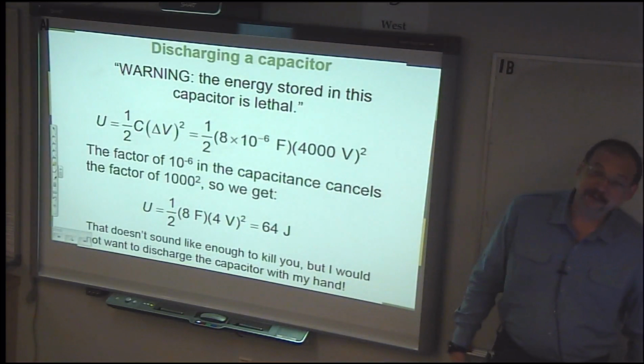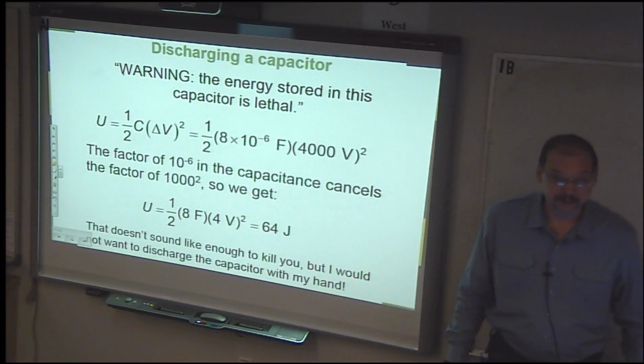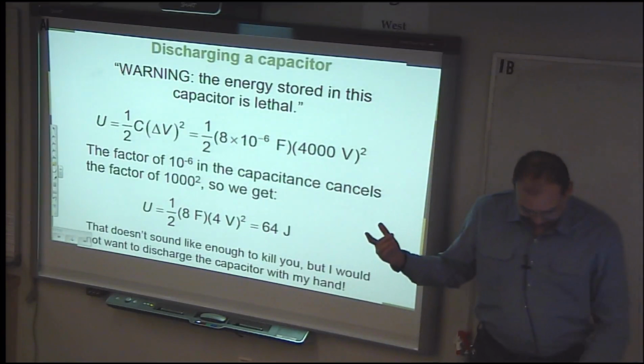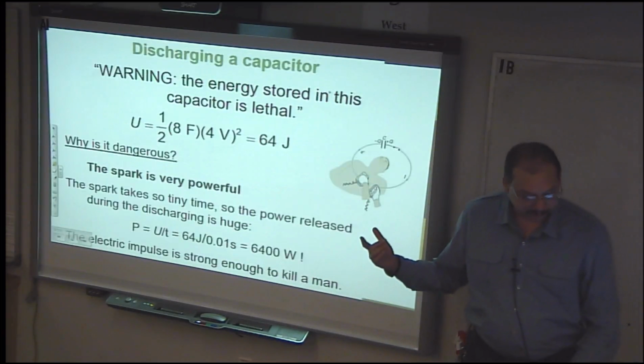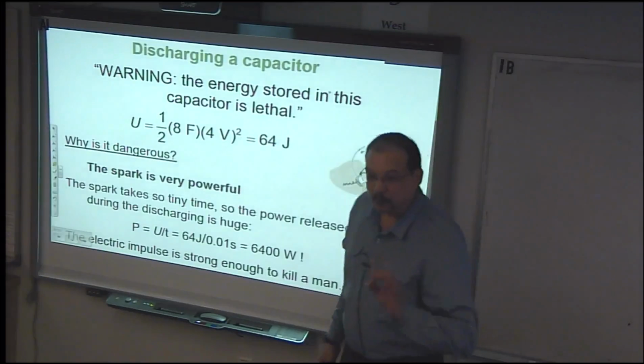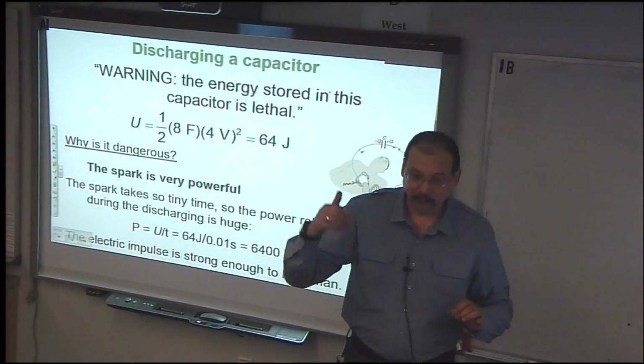It's not really dangerous, well, unless it hits you on the head, but the answer is, it's not just about energy, it's about how fast it's being released. It's about the power of that spark, like a lightning bolt.